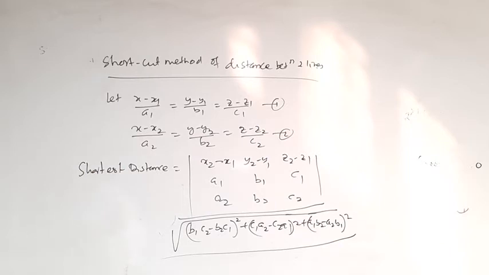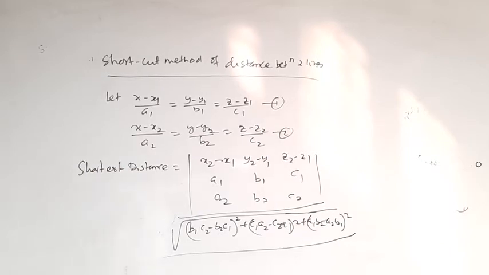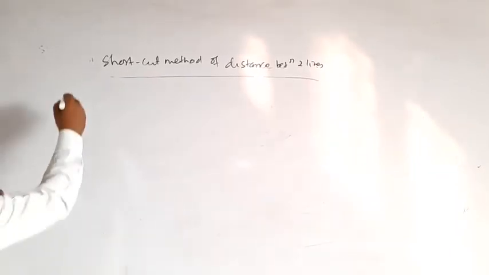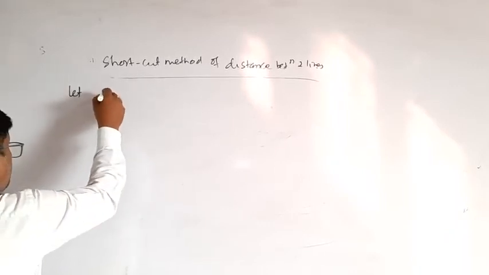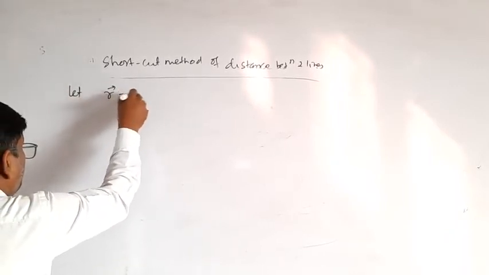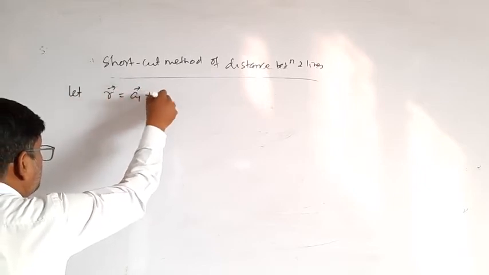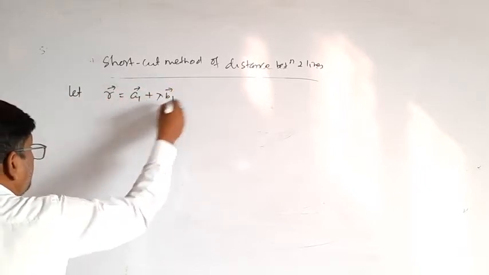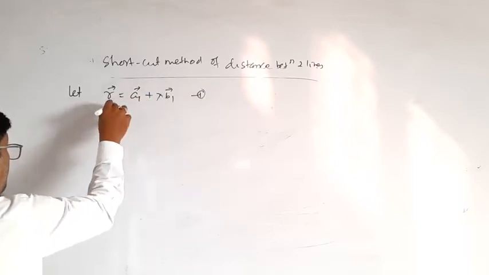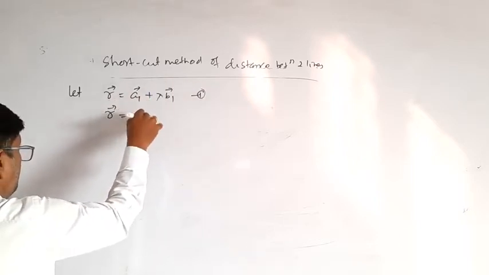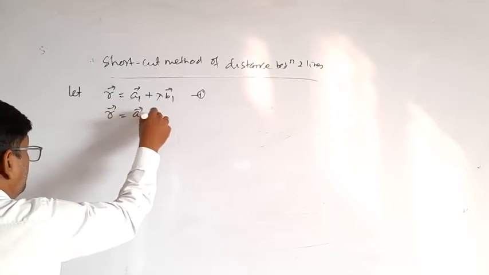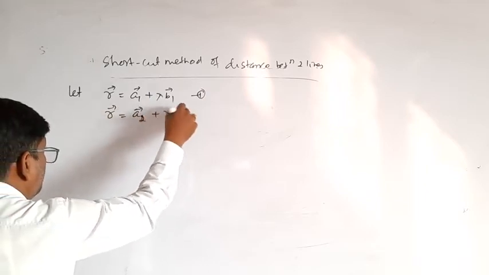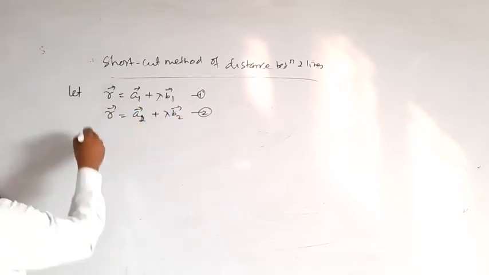Now the vector method. Let r = A1 + λB1 be equation 1, and r = A2 + λB2 be equation 2.